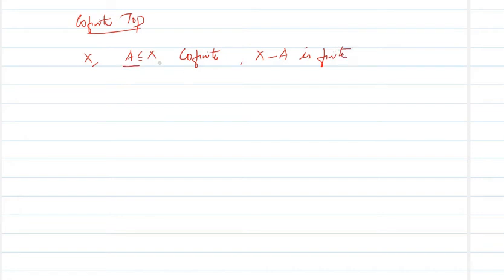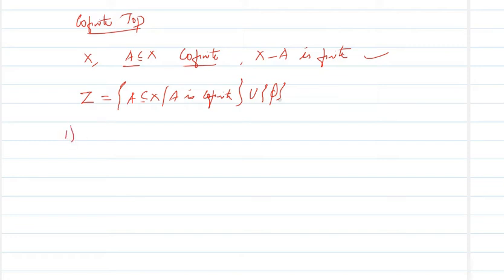So a set A is said to be cofinite whenever its complement is finite. Let tau be the collection of all cofinite subsets of X, that means tau is the set of all A subset of X such that A is cofinite, together with the empty set phi. Then we can verify this tau is a topology on X.